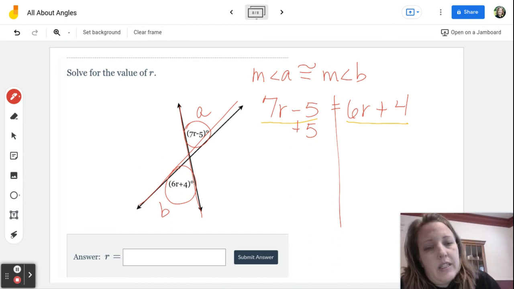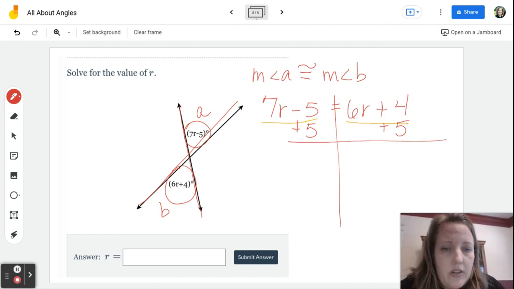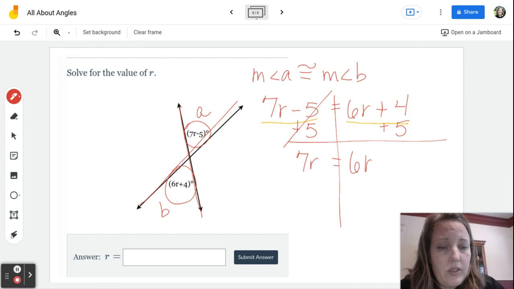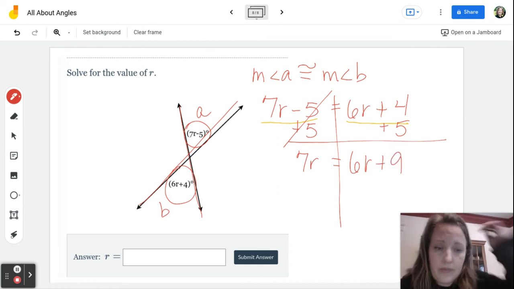So the additive inverse of a negative 5 is a positive 5. Additive inverses make 0. 7r has not been dealt with, so we bring that down, is equal to 6r, and then I have 4 plus 5, which is a positive 9.